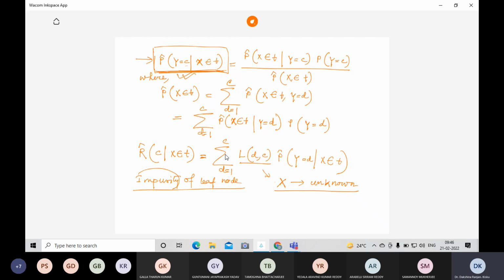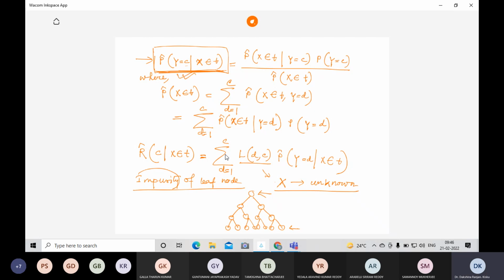So if we consider this as our decision tree, in this way we can get the decision tree. Now at the root node the impurity will be high, at the leaf node the impurity will be very low.